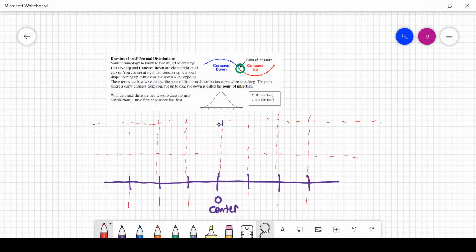So you want to draw a bell in the first cell, then flare out symmetrically, and then finish to the point of contact with the horizontal axis. So that's pretty much drawing the scale first and then the curve.